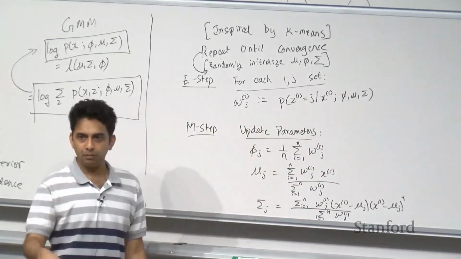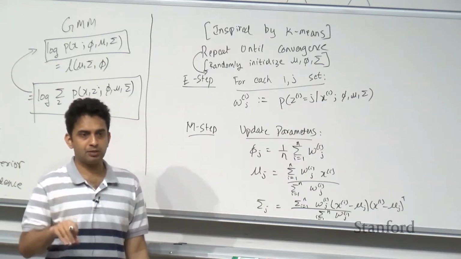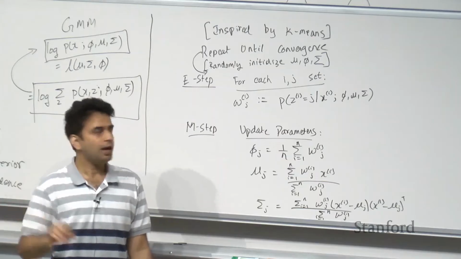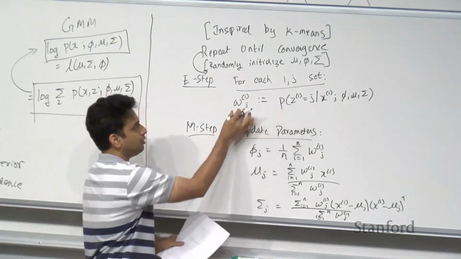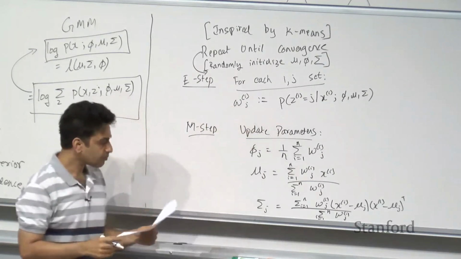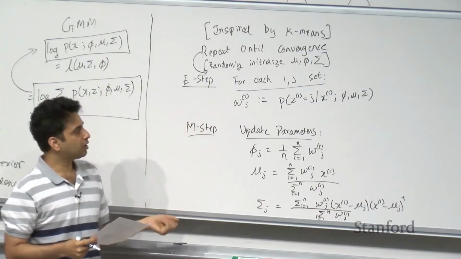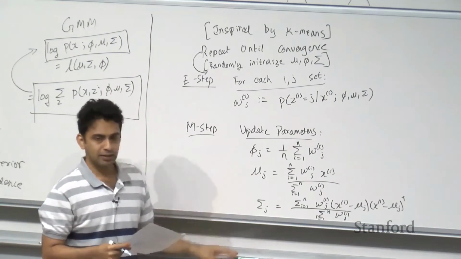So given a point, we calculate a posterior distribution of the probability that this point belongs to a particular centroid, and this is just the posterior distribution. We're going to call it a weight. And once we calculate this weight, we're going to reweight all our data points to calculate the corresponding mu's and sigmas.